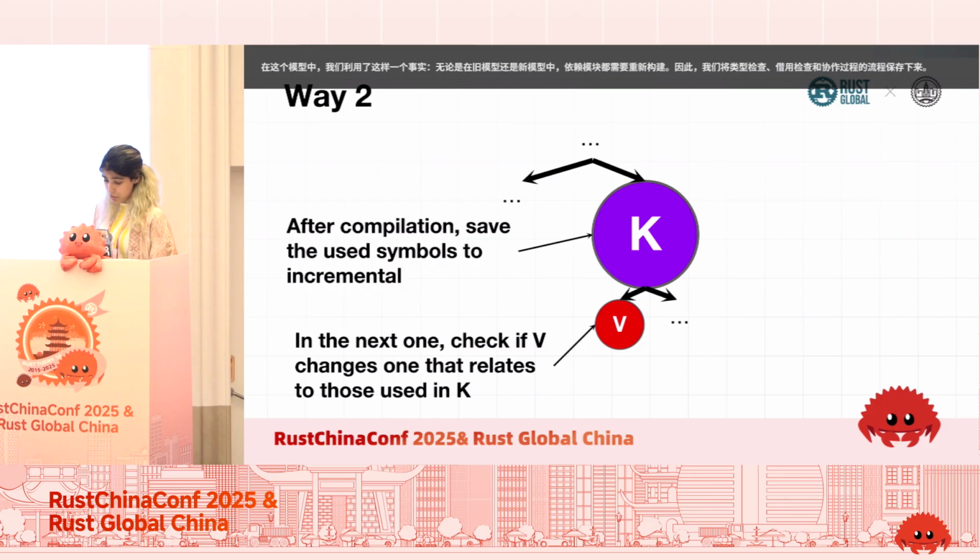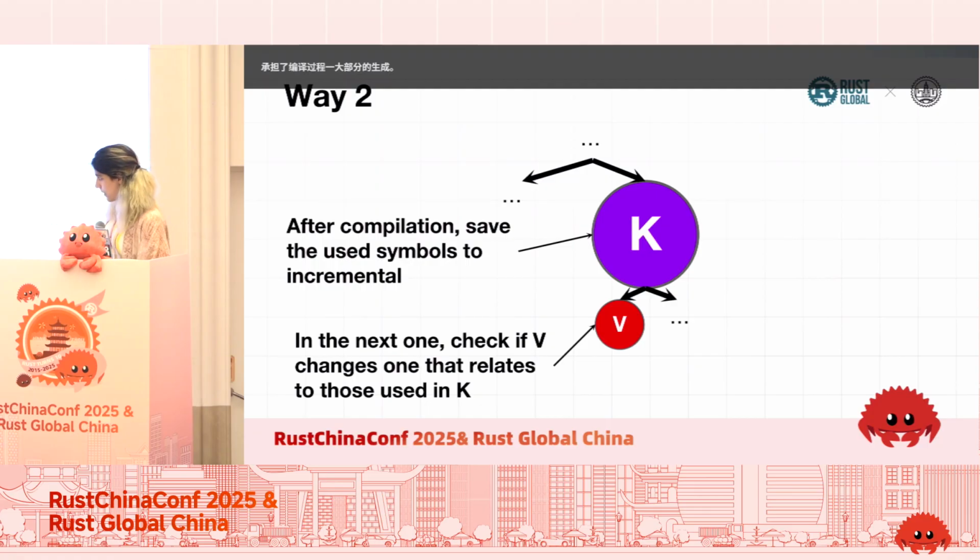Another way to solve this conundrum is to track the relationships between all items in the incremental compilation of the dependency, in the previous compilation, and write those to a file, and just check that file before recompiling the dependency.